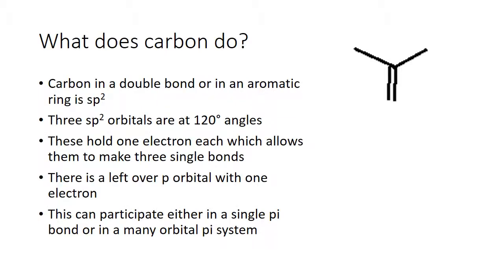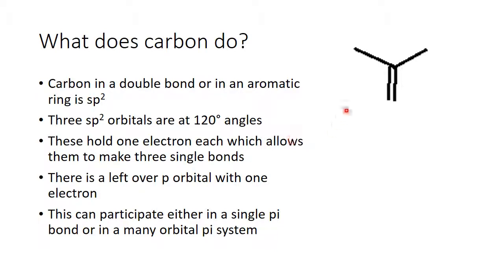So what does carbon do in an aromatic ring? Well, carbon does the same thing in an aromatic ring that it does in a double bond. It's sp2, so it has 3 sp2 orbitals that are at 120 degree angles. These hold 1 electron each, which allows them to make 3 single bonds.